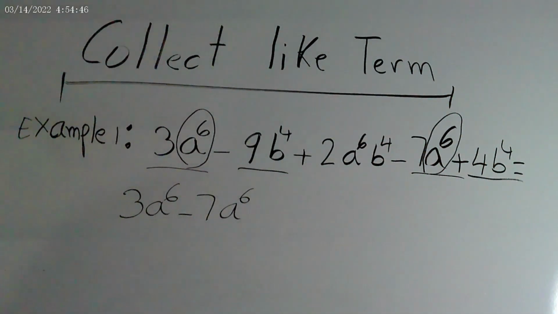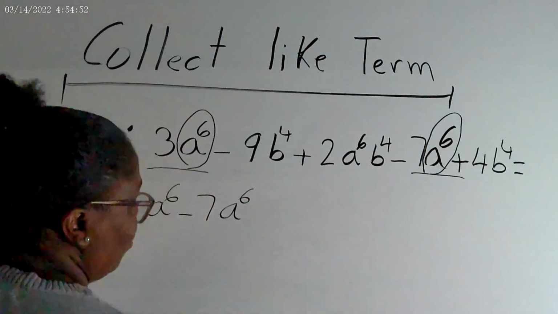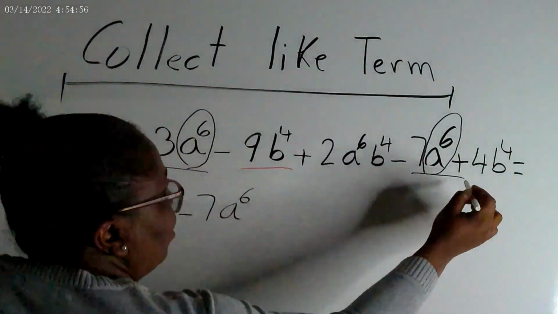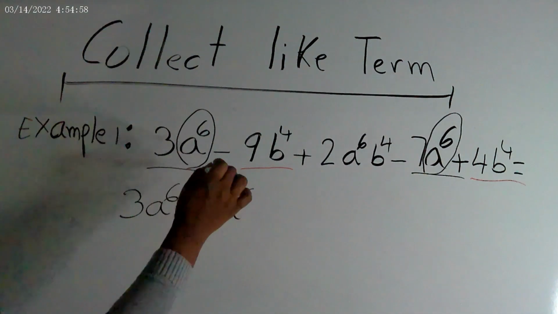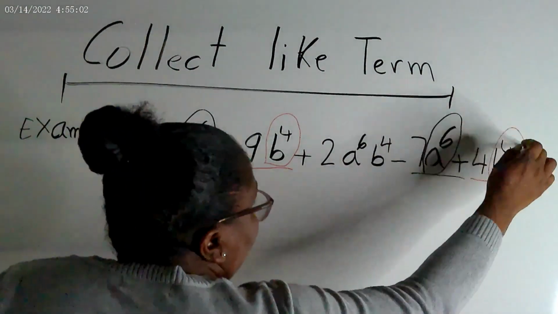Let me use another color so you understand this better. So you have this and this. You have b to the 4th here and b to the 4th over there.